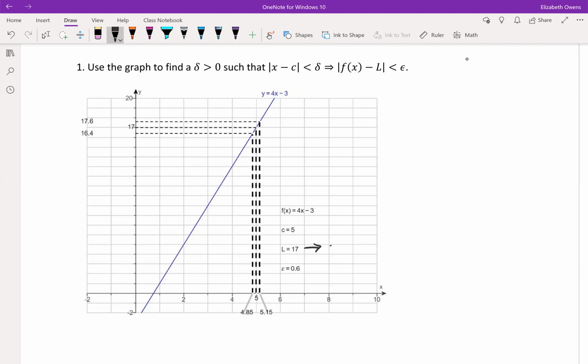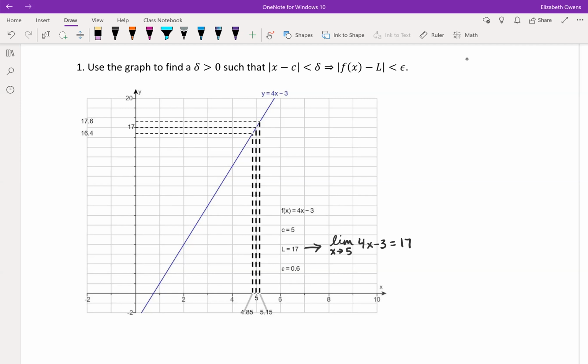This is the limit as x approaches c, which is 5, of our function 4x minus 3, which you can verify with direct substitution, right? Plug in 5, you would get 4 times 5, that's 20, minus 3 gives us 17. So yes, that is indeed the limit.